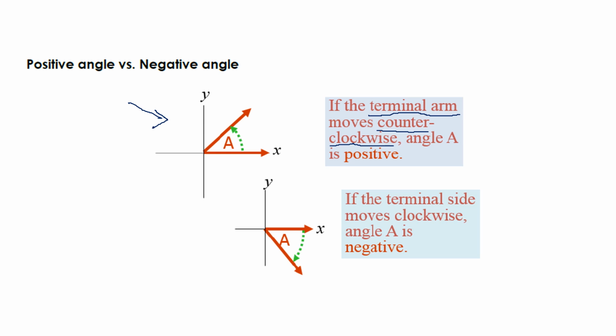This is the initial side, and this one is the terminal side. If the terminal side moves counterclockwise from the initial side, that is a positive angle.